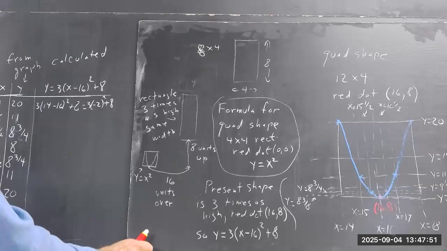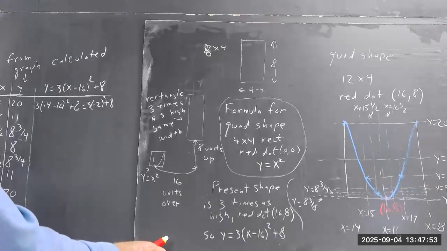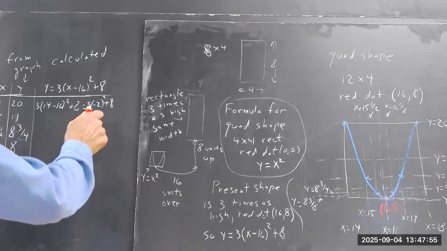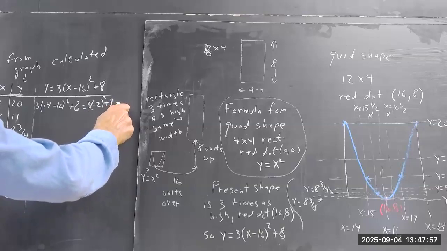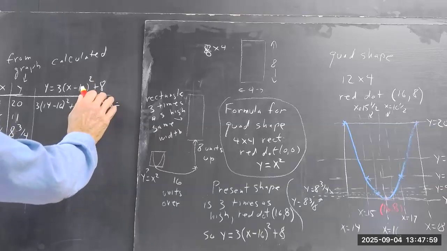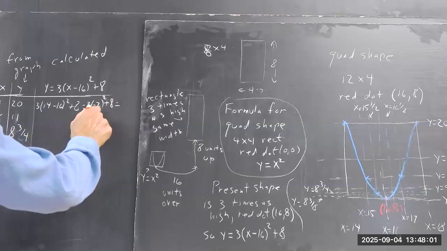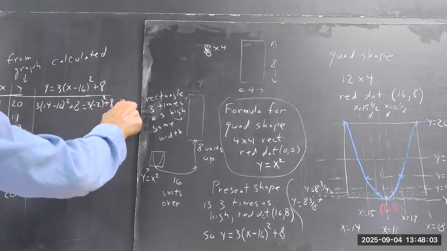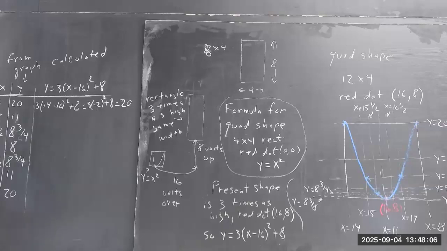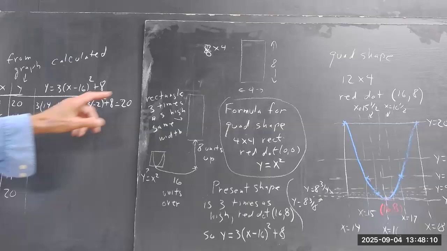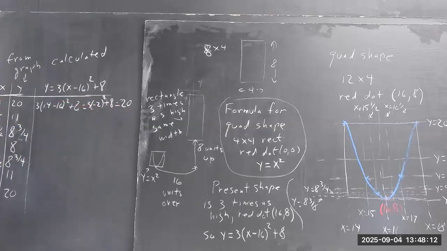And can't move this over much further. We're going to tip. But 2 squared is 4. Multiply it by 3, you get 12. 12 and 8 is 20. You can do the arithmetic. Okay? We can complete this table. These numbers are going to match these numbers.